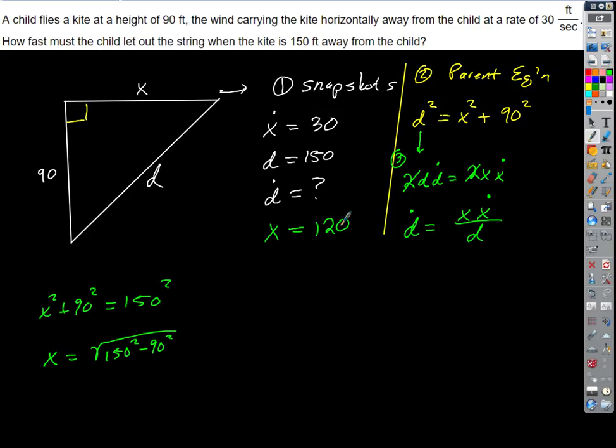Good, so we end up with 120 times 30 over 150. And then what's that going to give me? 24. And what would the units be?